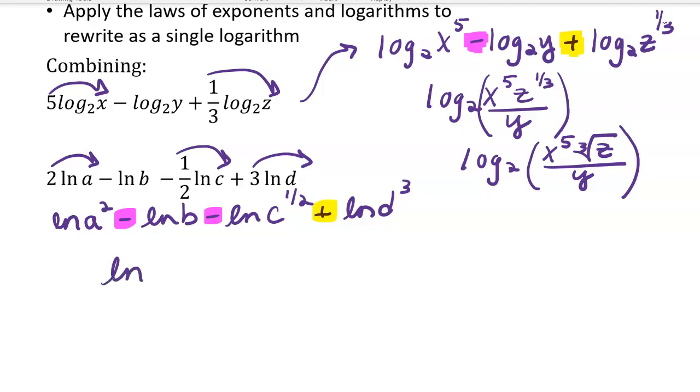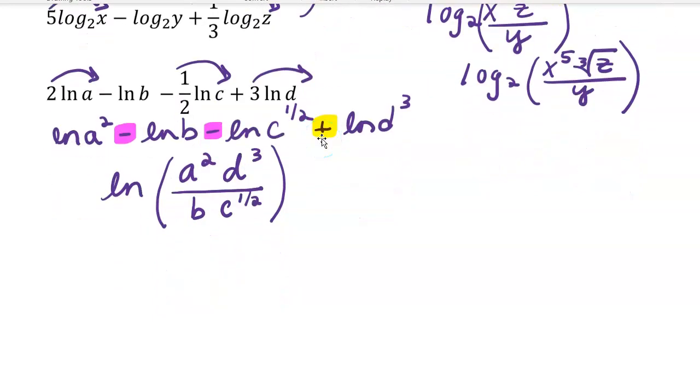So you'll have natural log, and then we'll have a squared, and I can multiply the d cubed on the top, but then I need to divide by the b and the c to 1/2. And then the last thing you can do is just rewrite that as the square root of c.